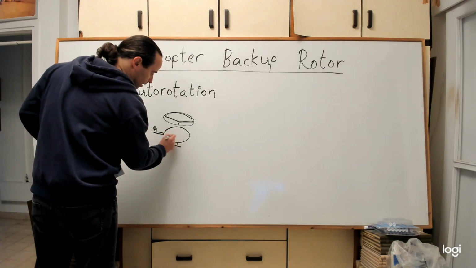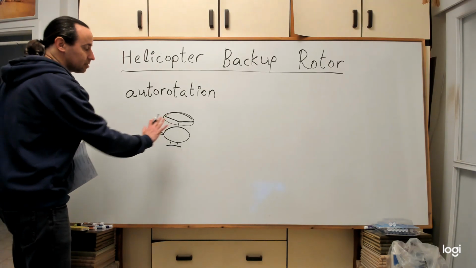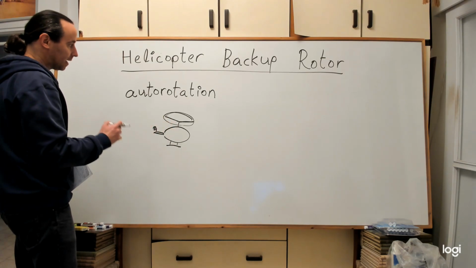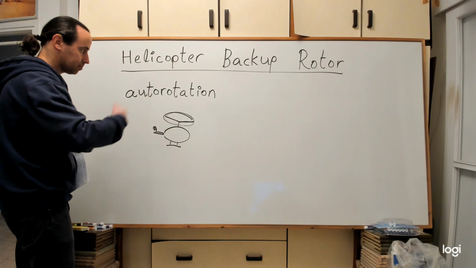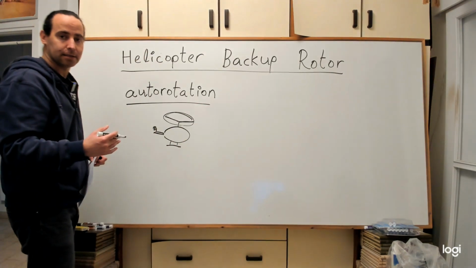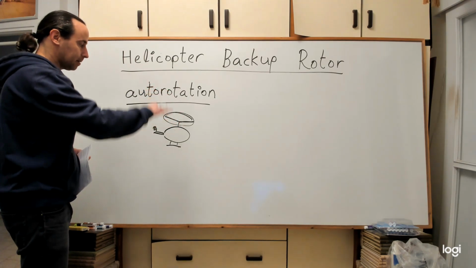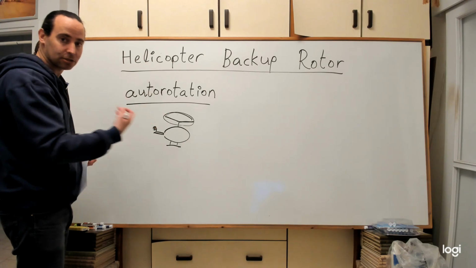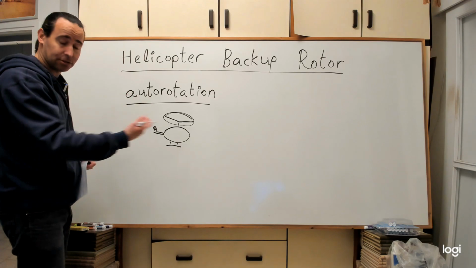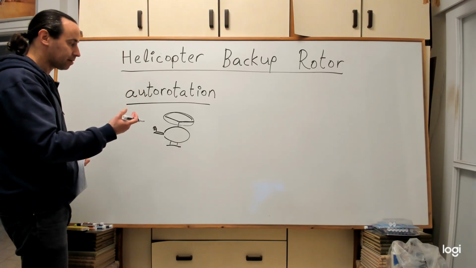There is an engine inside that rotates the rotor, but if the engine stops, the pilot puts the helicopter in auto-rotation mode, and then the rotor is spinning not because of the engine, but because of the air that is moving through the rotor.